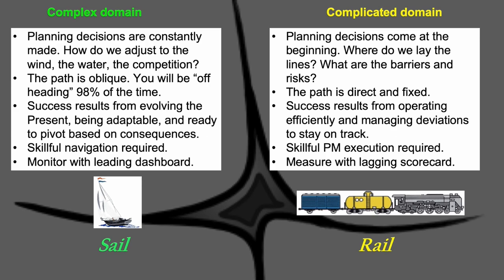Skillful navigation required. And we monitor with a leading dashboard. Seafarers are like gardeners. As a gardener, I can't order plants to grow in a particular size and shape. All I can do is create the conditions that influence plants to dispositionally grow in my desired direction.